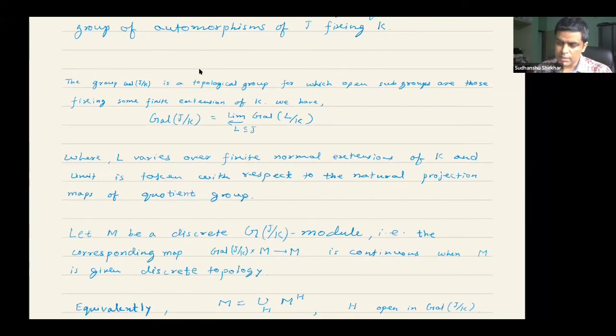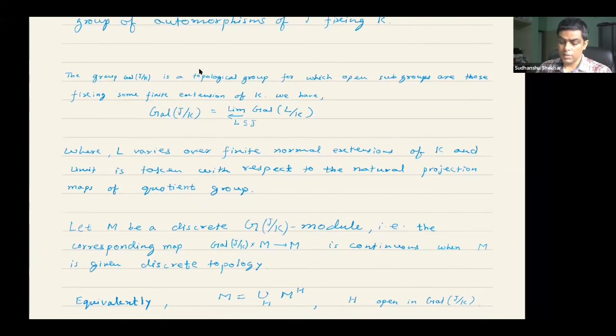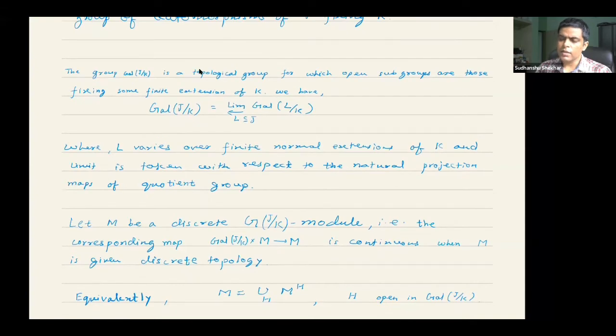Mostly, except in the last part of the lecture, we will be looking at discrete modules over such Galois groups. So let M be a discrete Galois, Gal(J, K) module.